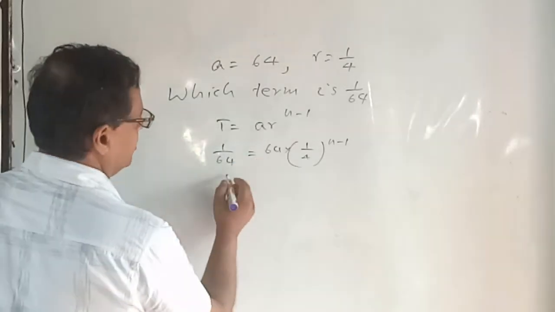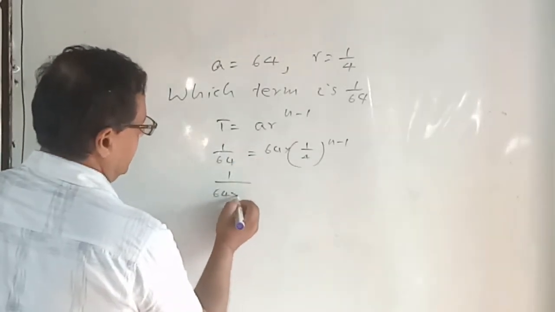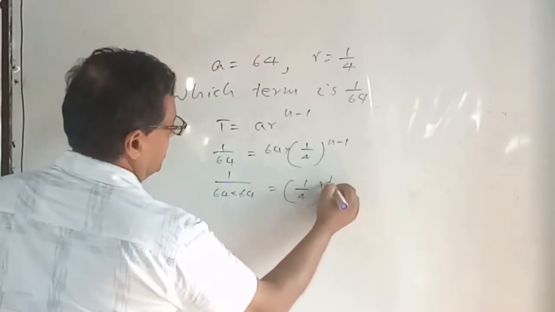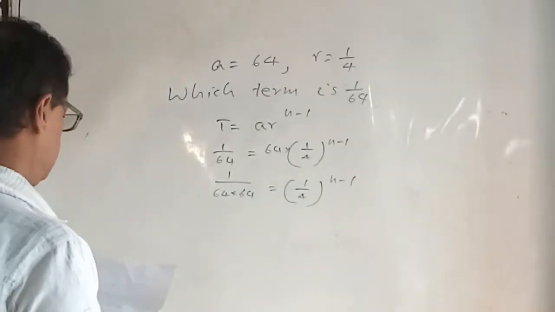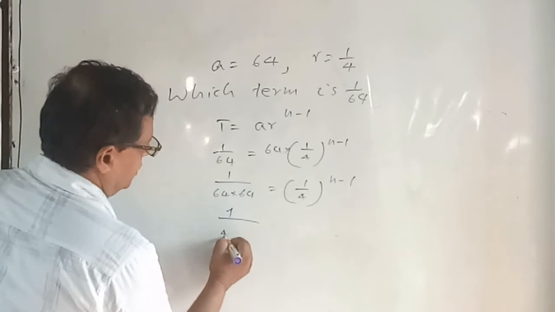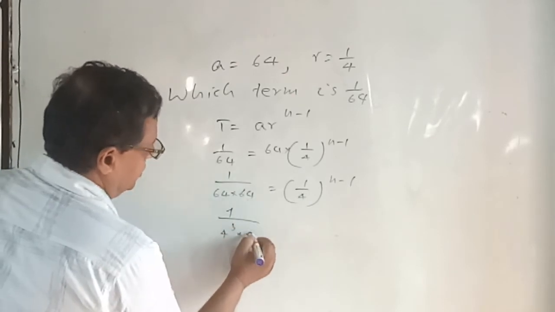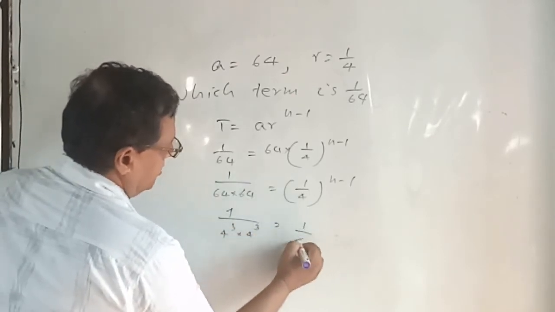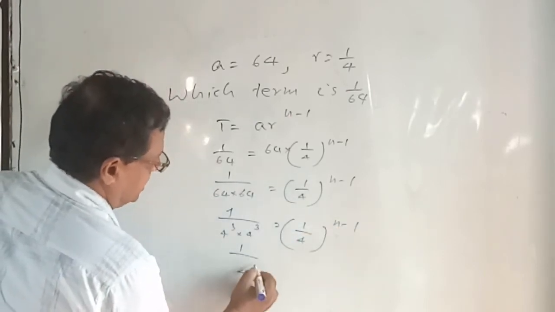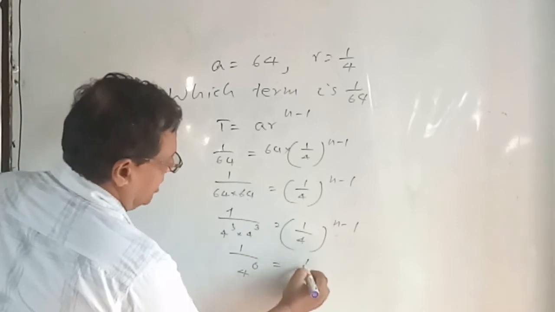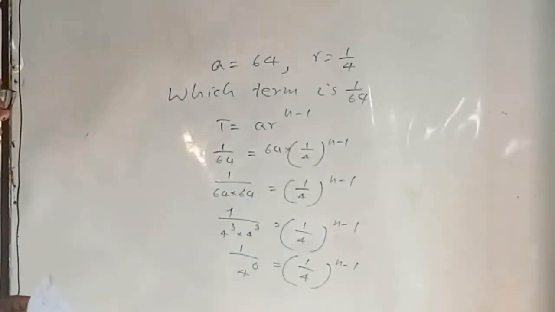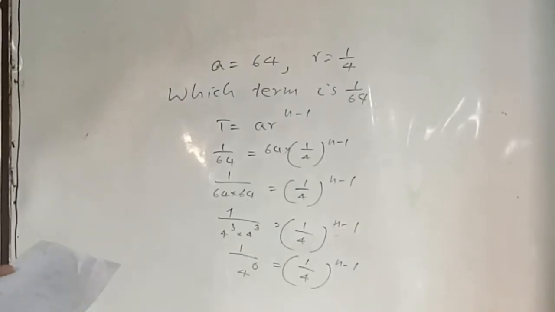Then you can bring the 64 here. 64 is 4 to the power 3, and 1 upon 64 is 4 to the power minus 6.